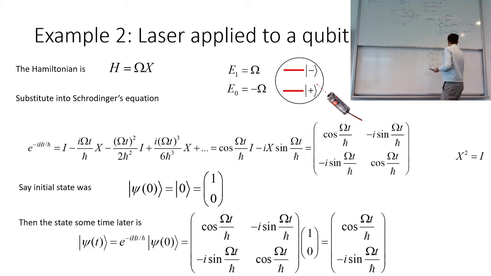Firstly, let's just work out what x squared is. If you do that, this one is 1, this column is 0, this column is 0, this one is 1. And actually, x squared is the identity matrix.